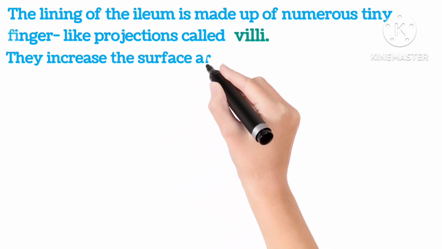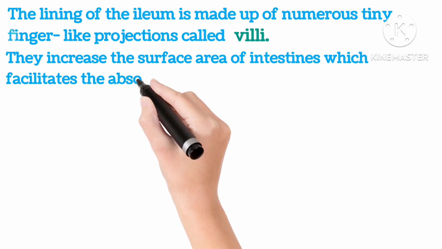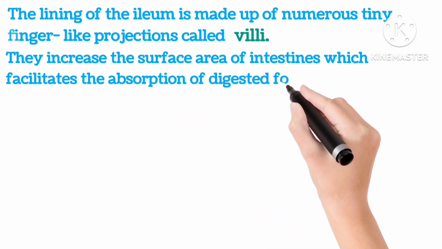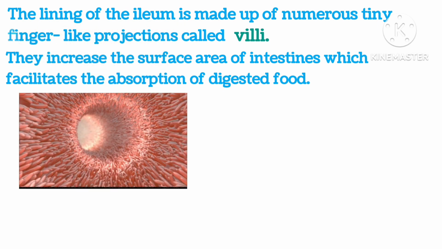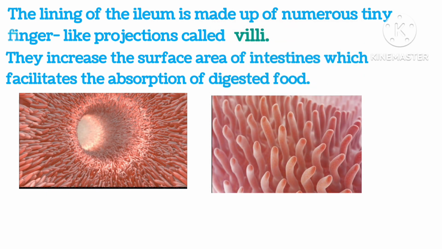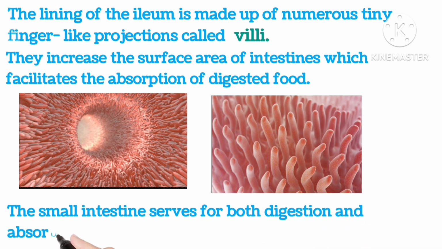They increase the surface area of the intestines, which facilitates the absorption of digested food. You can see the number of villi present in the internal lining of the ileum and the zoom picture of these villi. The small intestine serves both for digestion and absorption.